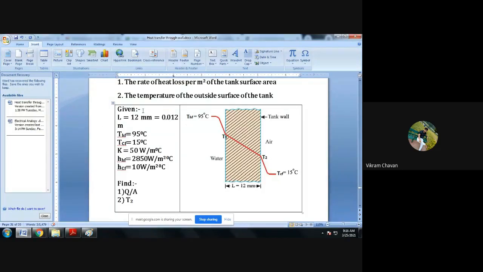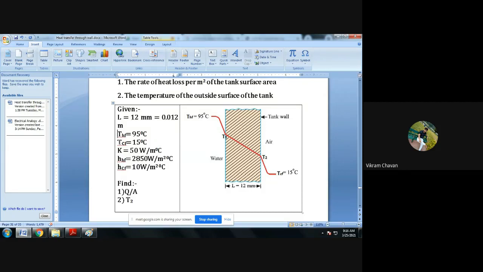So given data, you can write L is equal to 12 mm. That is the thickness of the wall, which is equal to 0.012 meter. Write down everyone. Then T suffix HF is equal to 95 degrees Celsius, that is the hot fluid temperature.